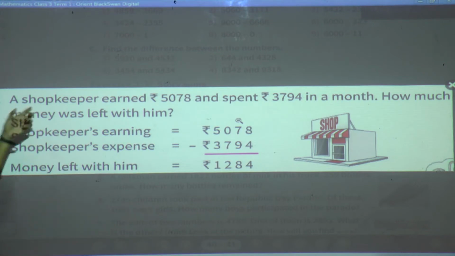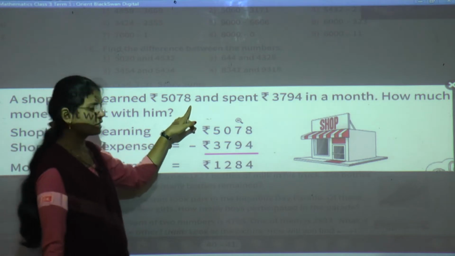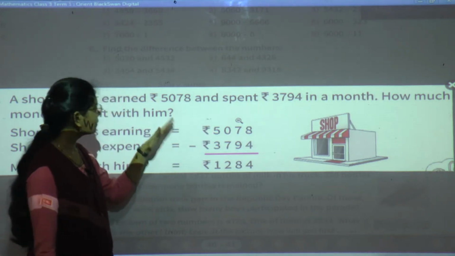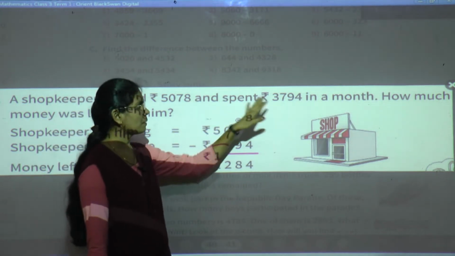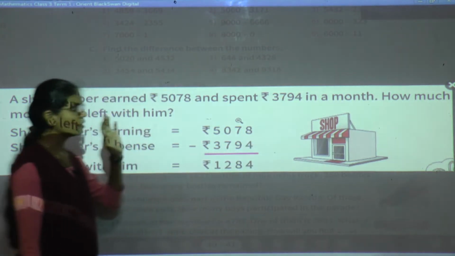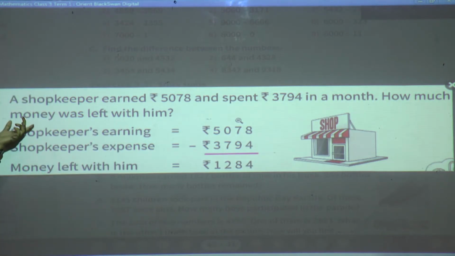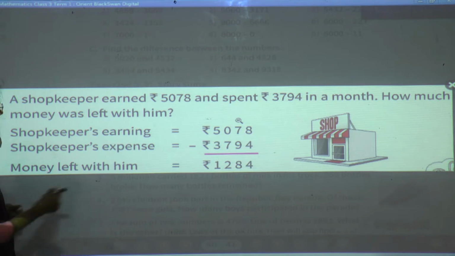A shopkeeper earned rupees 5078 and from that 5078 he spent 3794 in a month. Then the question is, how much money was left with him? See the word left. Left means here we have to do the subtraction.